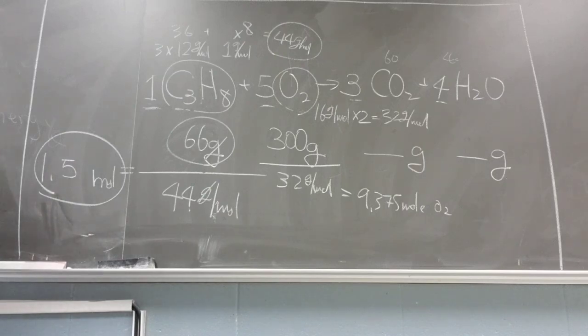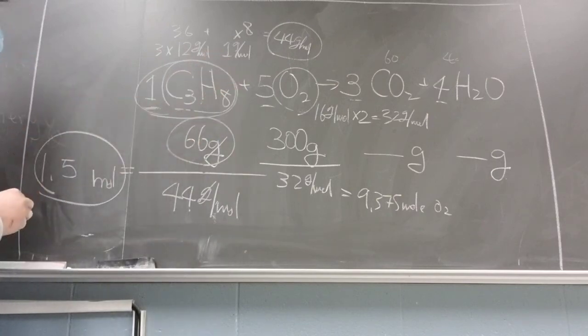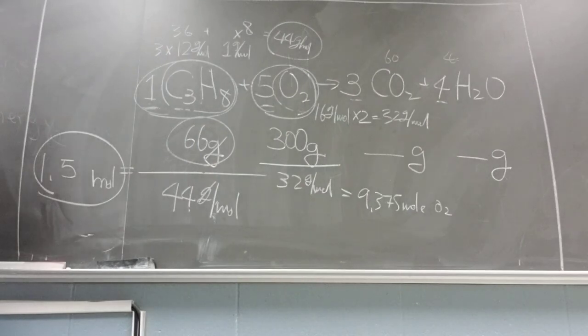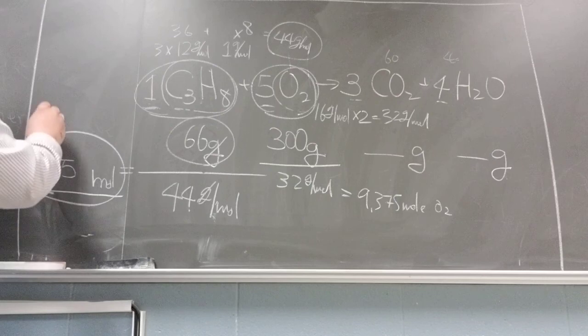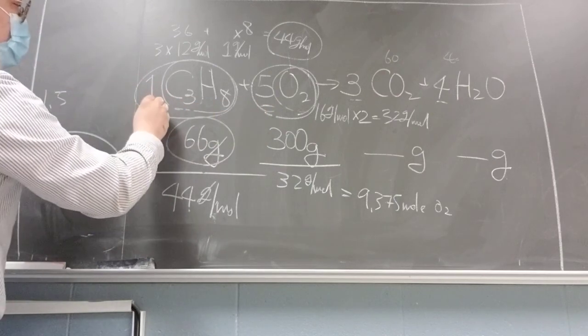That means if you have 1 organic compound, you need 5 oxygen gas molecules. So if you have 1.5 moles of propane, you should have 5 times bigger numbers of oxygen needed for them. Okay, so 1.5. I'm just going to compare this one to that. So it'll be 1 to 5.